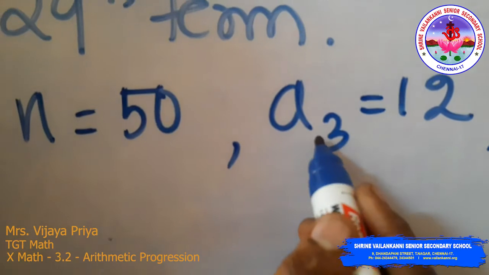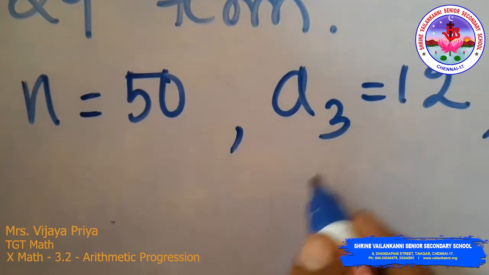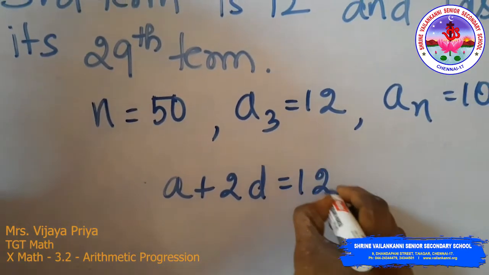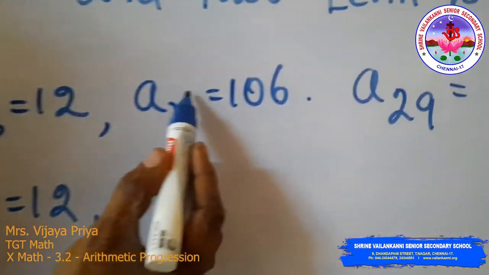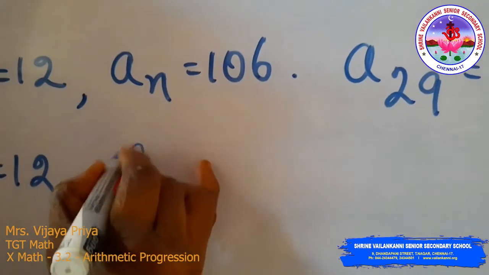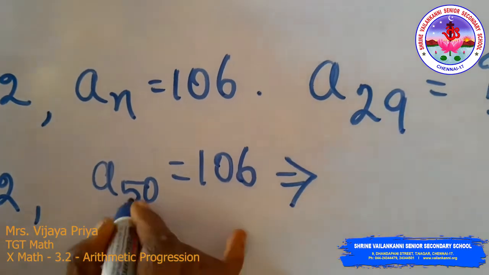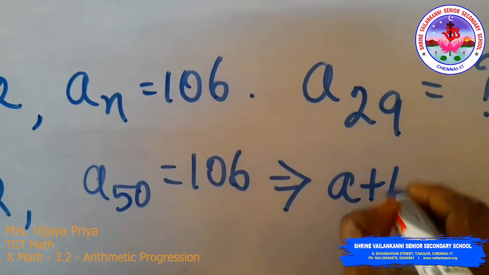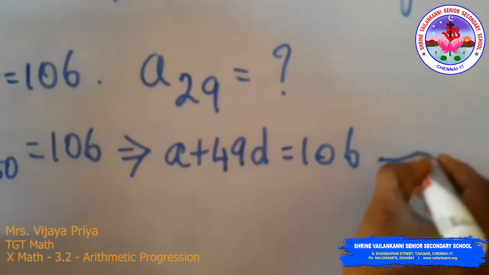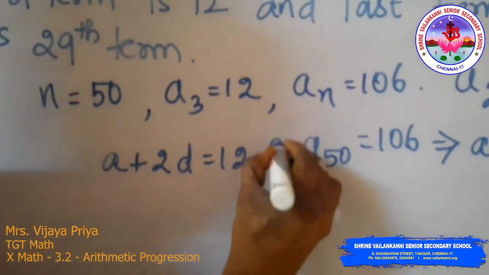Using the nth term formula, AN is equal to A plus n minus 1 into D. So I get A3 as A plus 2D, which is equal to 12, and A50 is equal to 106, which if I expand, I get A plus 49D, which is equal to 106. I am calling this equation 2 and the other one equation 1.